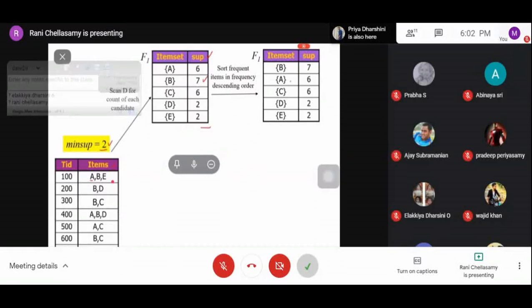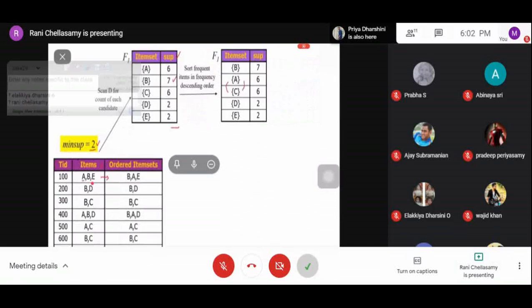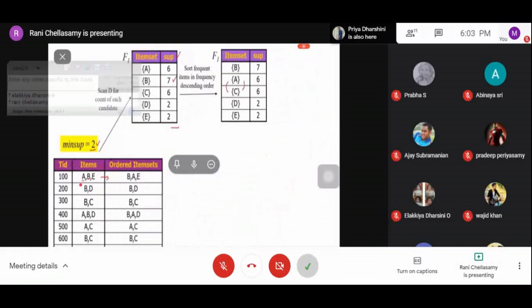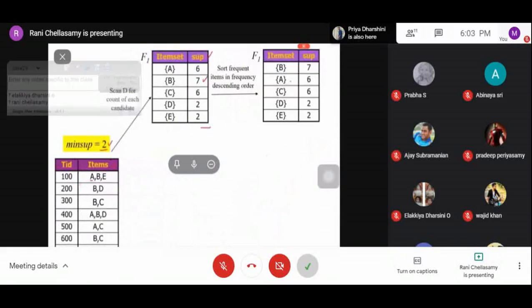We have to find how many times each item appears in the transactions. A is occurring 1, 2, 3, 4, 5, 6 times. Likewise, you have to find the counts of the other items appearing in the transactions.